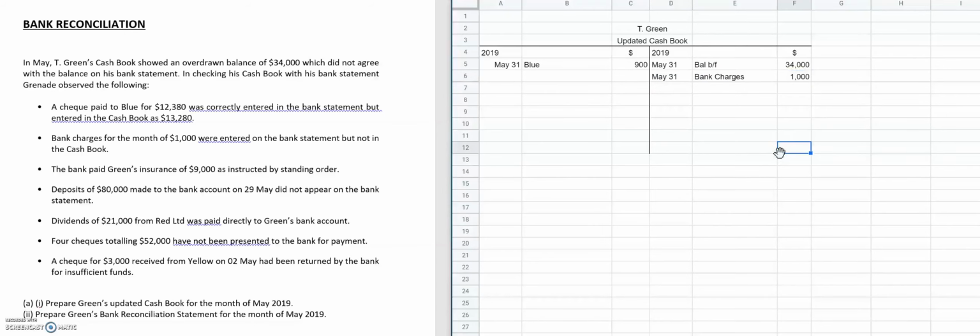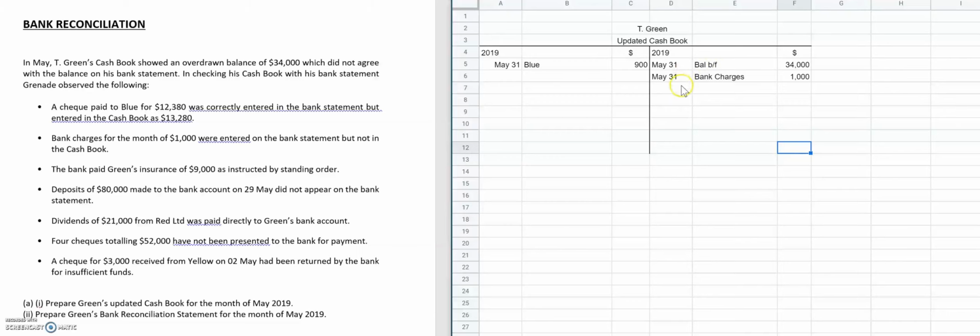Next transaction, the bank paid Green's insurance of $9,000 as instructed by standing order. Now this is a payment that was made by the bank, so it would be on the bank statement but not yet recorded in the cash book, so we now need to record it.